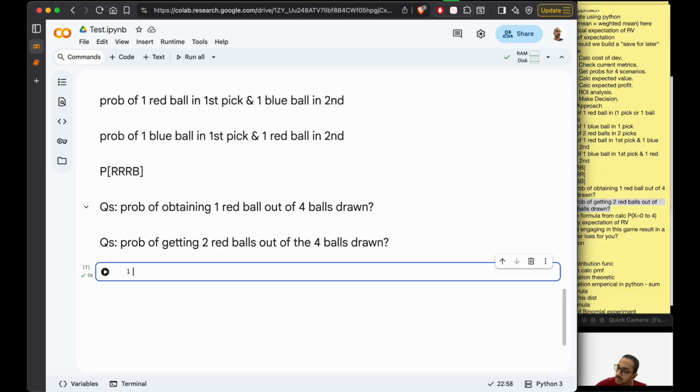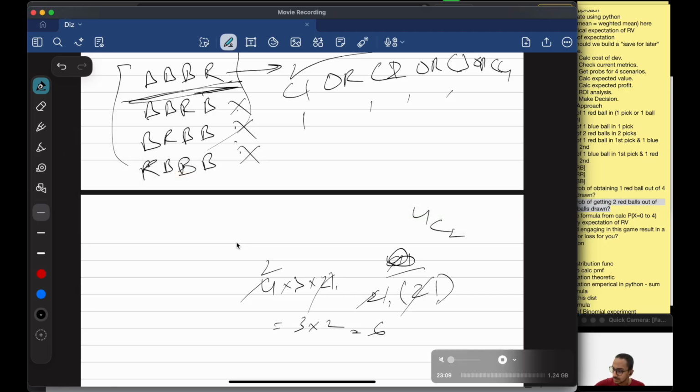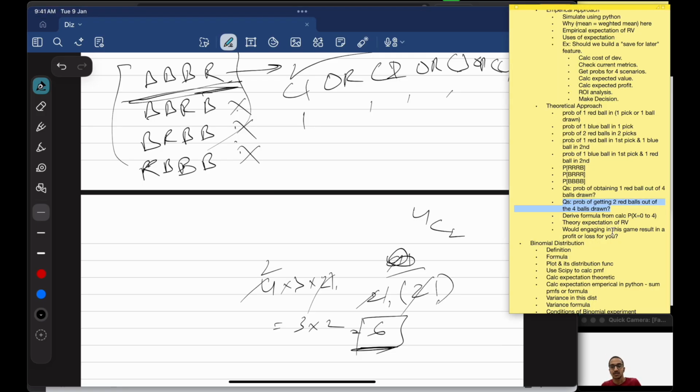So this 2 factorial and 2 factorial will cancel, and 4 over 2 is 2, and 3 into 2 is 6. So we will have 6 outcomes where 2 red balls are drawn out of 4.